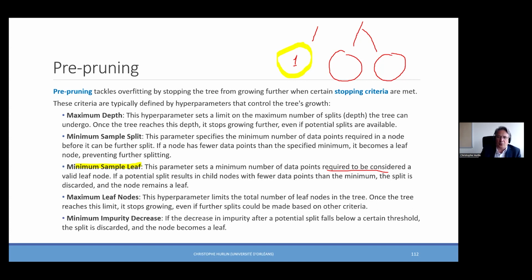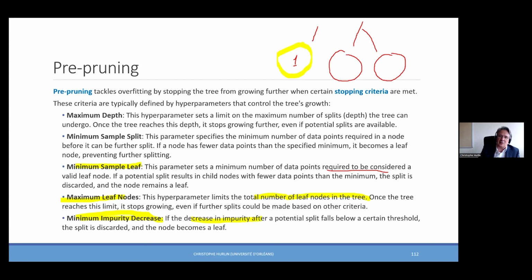You could also put a constraint on the maximum leaf nodes. This is a direct constraint on the number of leaf nodes in the tree, and a minimum impurity decrease. You allow a split if the decrease in impurity reaches a given threshold. Otherwise, there is no split.